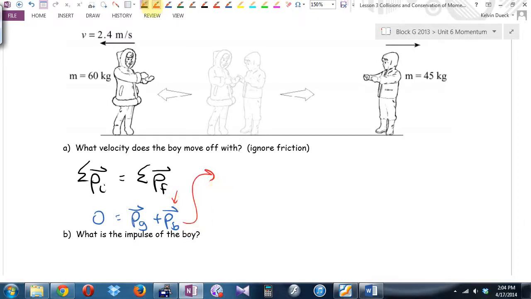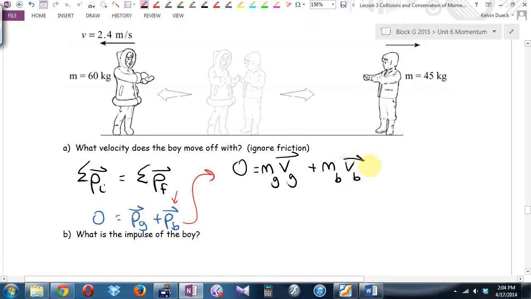What have we said? Momentum is what times what? Mass times velocity. So 0 is going to be mass girl, V girl, plus mass boy, V boy. Okay, let's get V boy by itself. How? Minus that to that side.